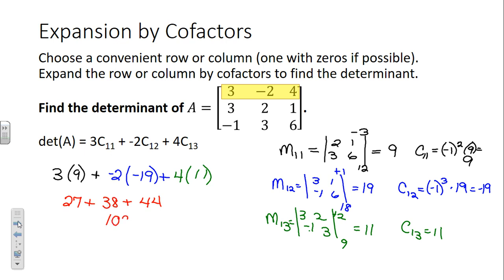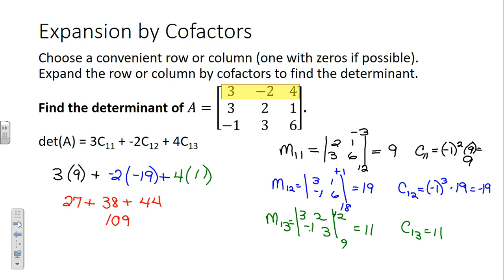Is that correct? Someone check our math. So it doesn't matter if we did this by expanding by row 1 or column 3 or row 2. We're all going to get the same number. Make sense? That's the determinant of a 3 by 3. That's just the determinant. Okay? So far so good?